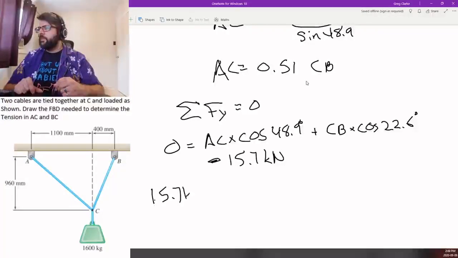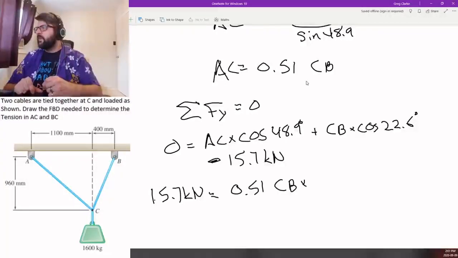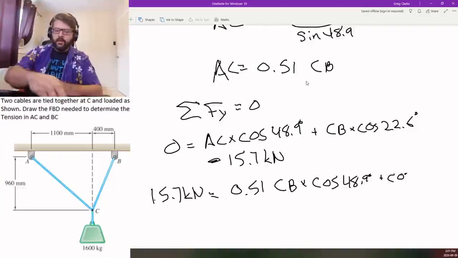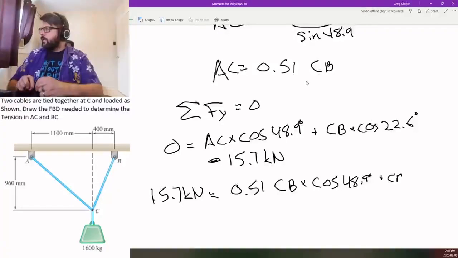So 15.7 kilonewtons is going to be equal to 0.51 CB times cos 48.9 degrees plus CB times cos 22.6.